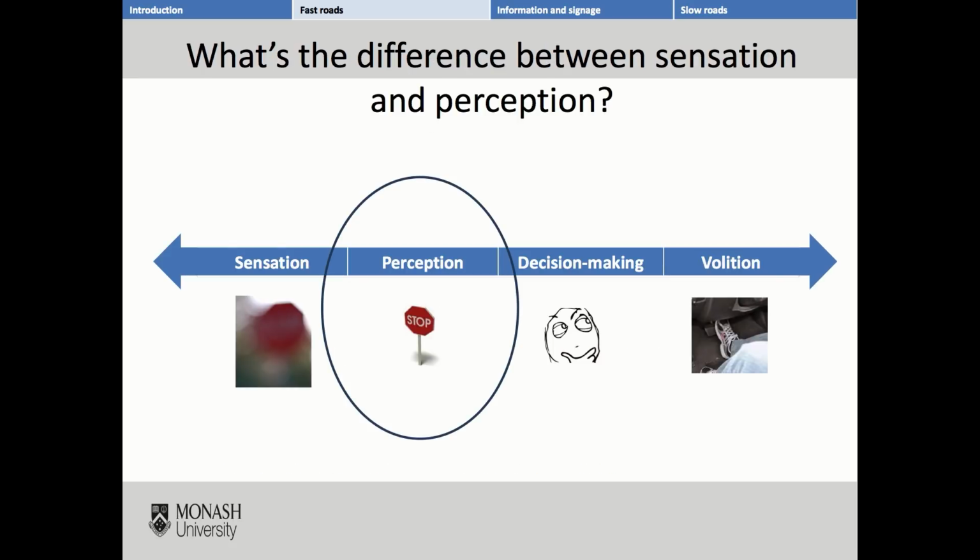So when we're looking at sensation and perception, it's important to understand the differences: you might see something, but you don't actually take it in. So check this out. This is an awareness test.